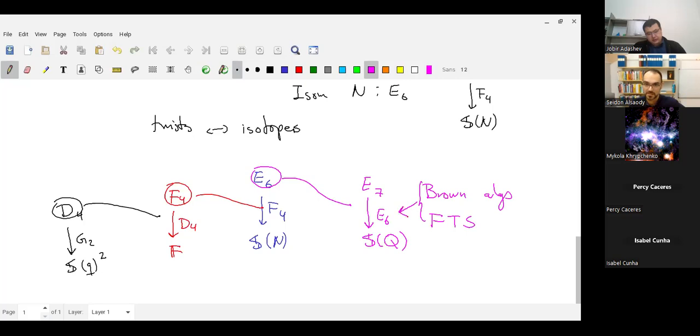These ingredients will give us this fibration and will help us understand isotopes of Brown algebras. So this is the pink step, the step I'm going to talk about today. And maybe I can ask if there are any remarks so far.